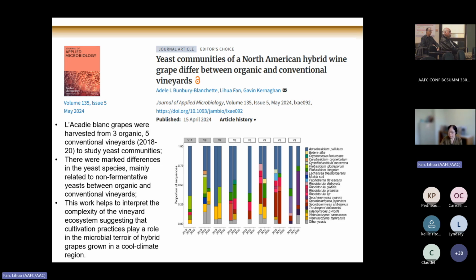This work helps us to interpret the complexity of the vineyard ecosystems, suggesting that cultivation practices play an important role in the microbial terroir of hybrid grapes grown in the cool climate region. This research was also published in the Journal of Applied Microbiology and listed as an editor's choice.